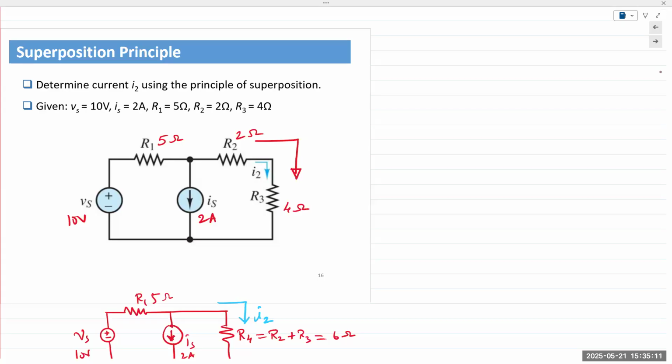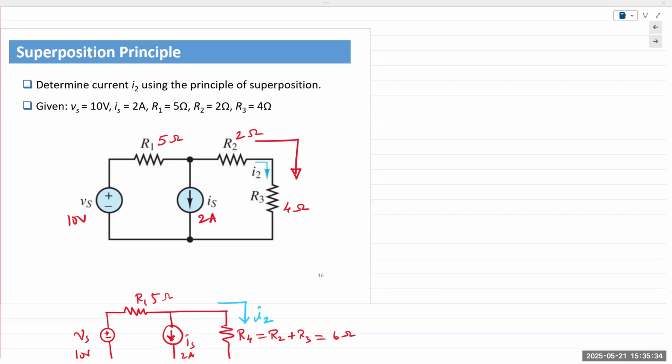So it's simple and straightforward, but it's highly inefficient. Does that make sense to everyone? Right? And so superposition, again, is a good technique to apply, maybe to verify your answers if you have the time, but time consuming and highly inefficient.